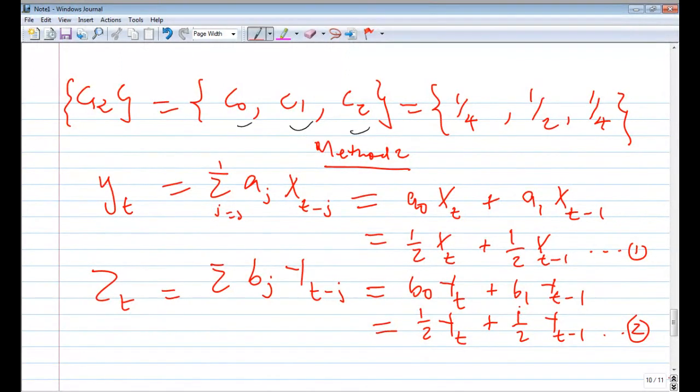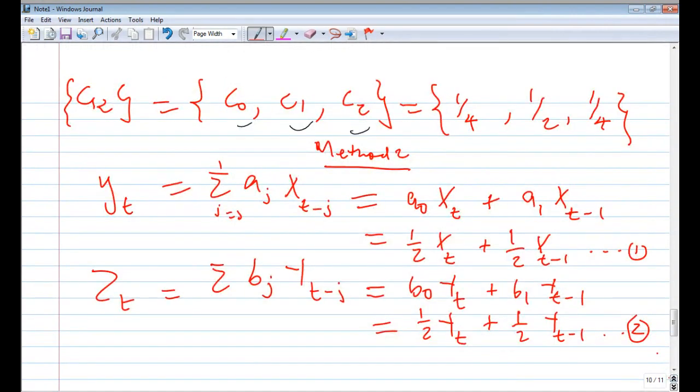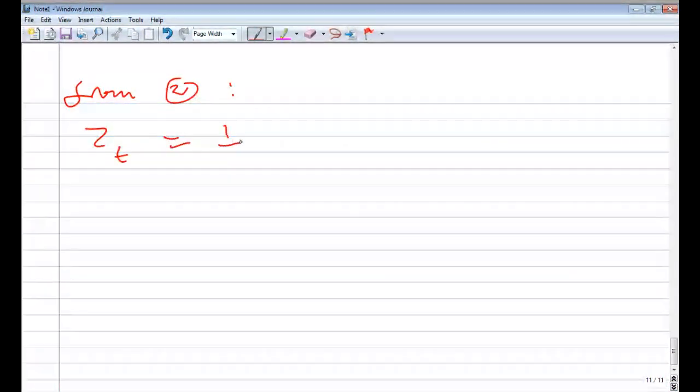From equation number 2, zt equal to half yt is equal to what?